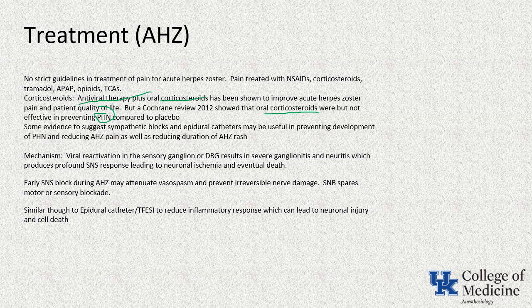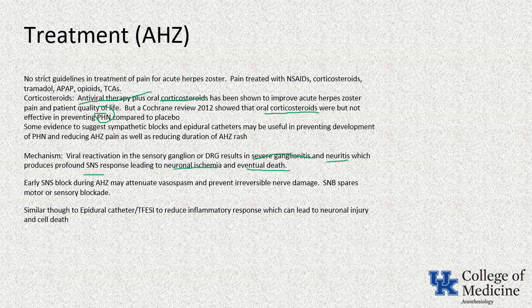The mechanism behind this for sympathetic block, it's thought that in the sensory ganglia or dorsal root ganglia, there's a severe ganglionitis that occurs, so severe inflammation and neuritis, which leads to a profound sympathetic response, which leads to vasoconstriction, neural ischemia, and eventual cell death.